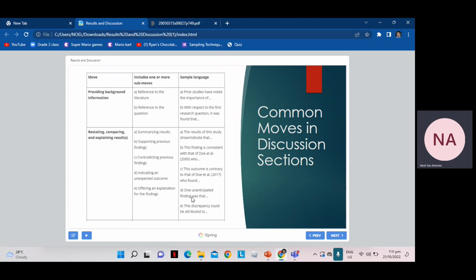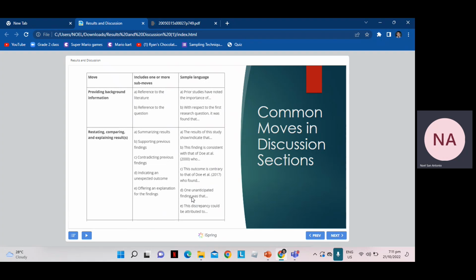Okay? Another move that you can use in writing your results and discussion is providing background information. Such as, for example, you can reference to the literature or you can reference to the question. When you say reference to the question, it pertains to your research question.